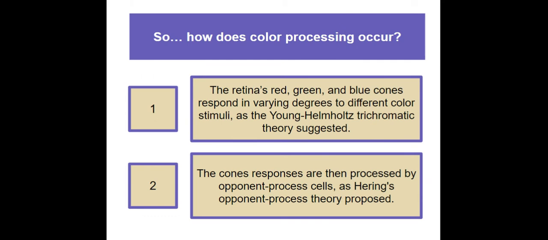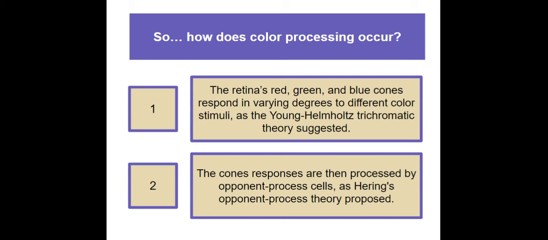So, how does color processing occur? The Young-Helmholtz trichromatic theory suggests that we have varying degrees of color because of the varying degrees of combination of activation between red, green, and blue cones. This theory says it's about the amount of wavelength coming in. Is it more blue, green, red, or a combination? It really boils down to how many cones of each color, red, green, blue, get activated.